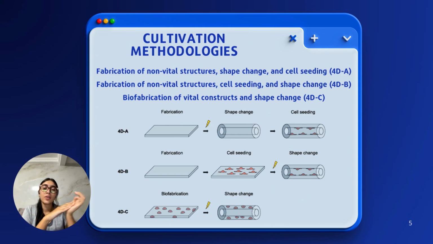4DC is the most advanced method. The structure is created already containing living cells. These cell-filled constructs can quickly respond to signals and change shape, making them very similar to real tissues.